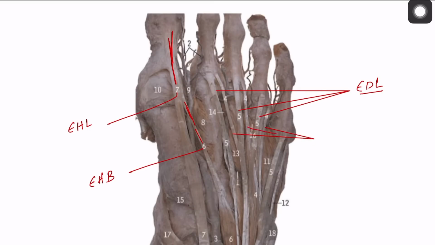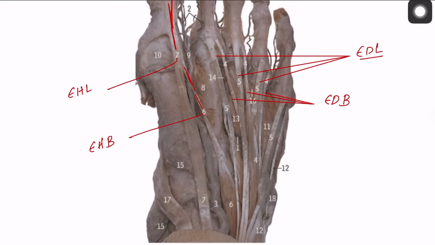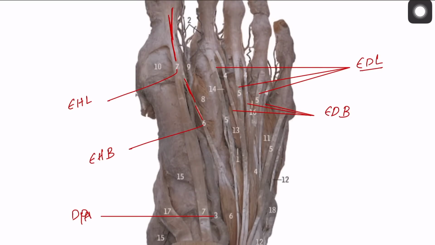Okay, so this is number 4, which is extensor digitorum brevis muscle. Of course, if you want to find the dorsalis pedis artery, it's always lateral to the muscle which is called extensor digitorum longus. So this is the dorsalis pedis artery. Its continuation is number 9, which is right there. So that is the interdigital artery.